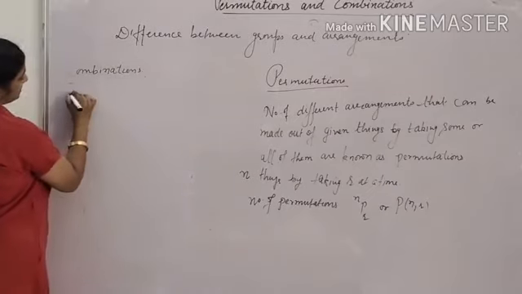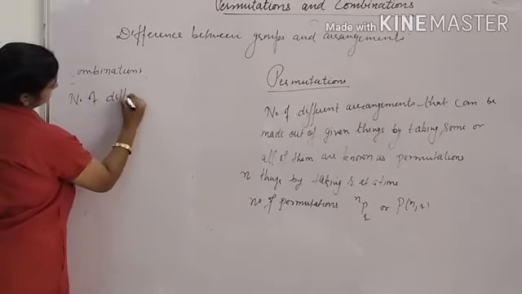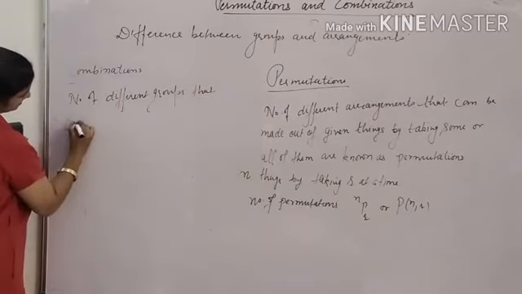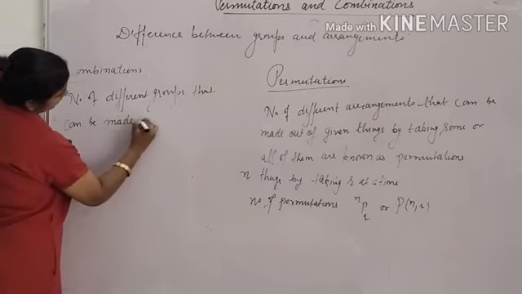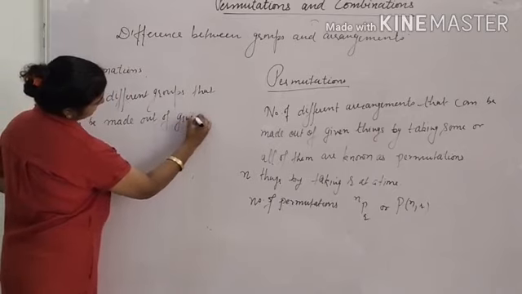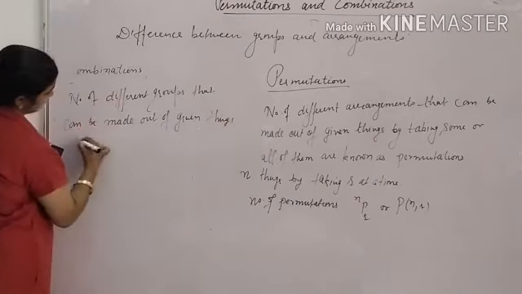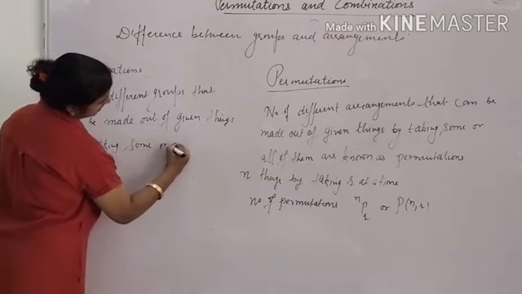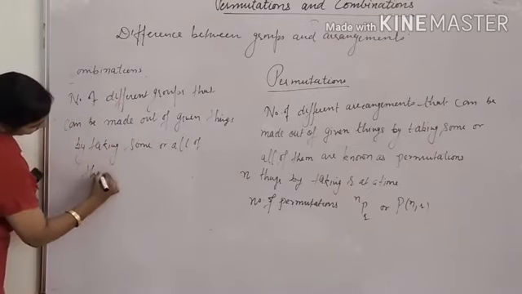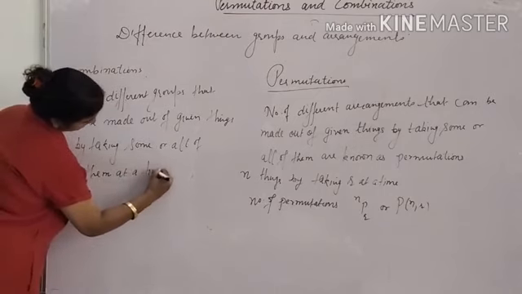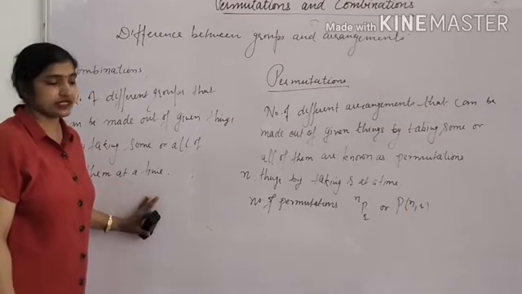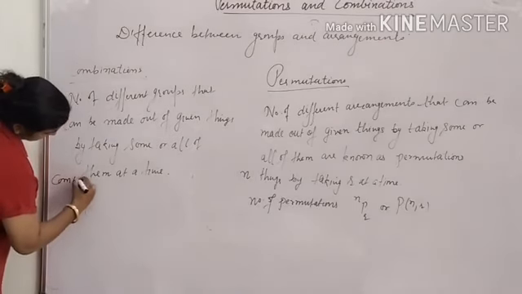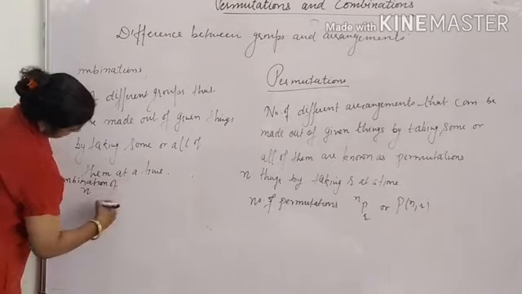The number of different groups that can be made out of given things by taking some or all of them at a time is called the number of combinations, the combinations of n things taking r at a time.